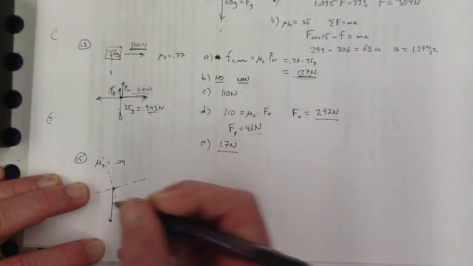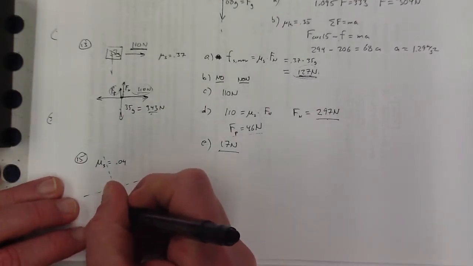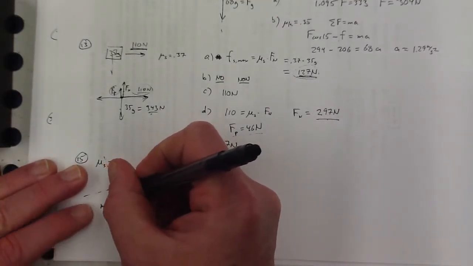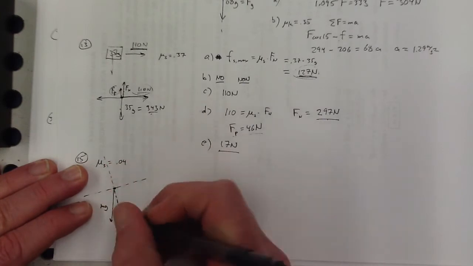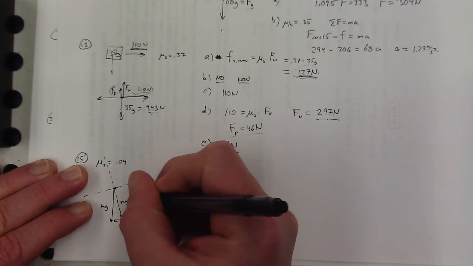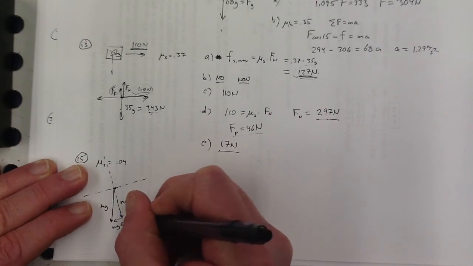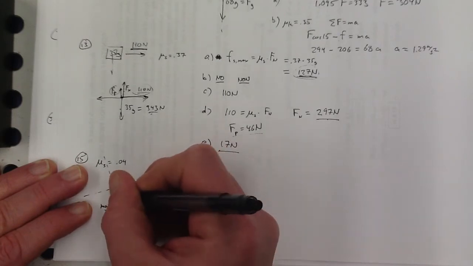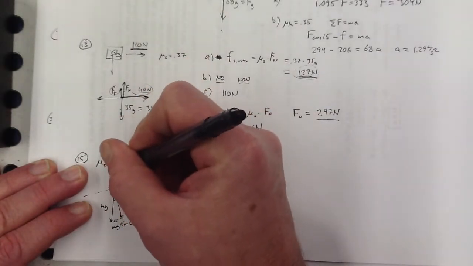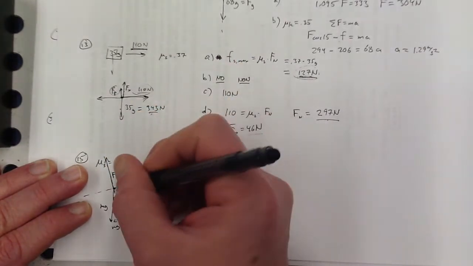Gravitational force. Nobody said what the mass of these eggs is, so I guess that's just mg. And this is mg cosine of I don't know what, and mg sine of I don't know what angle. And of course the normal force is going to match that.